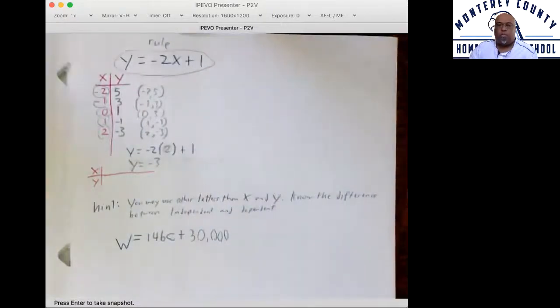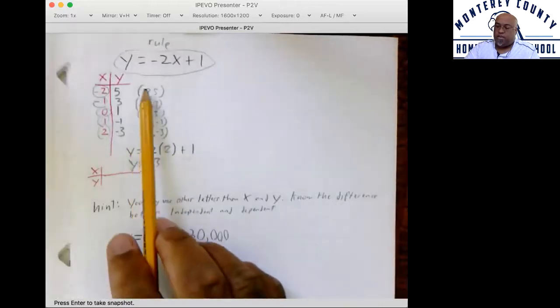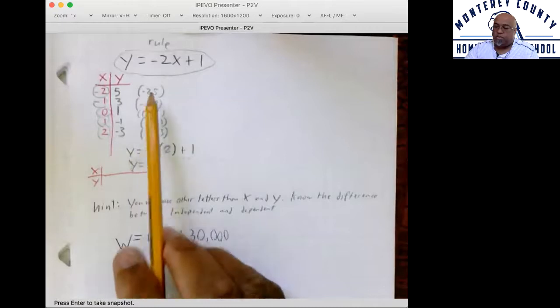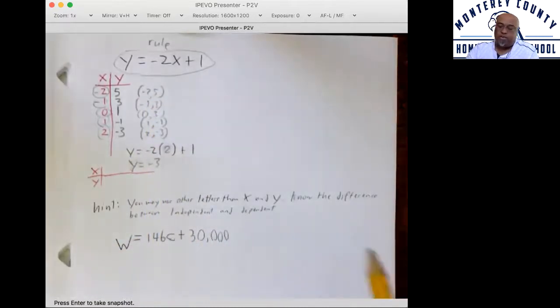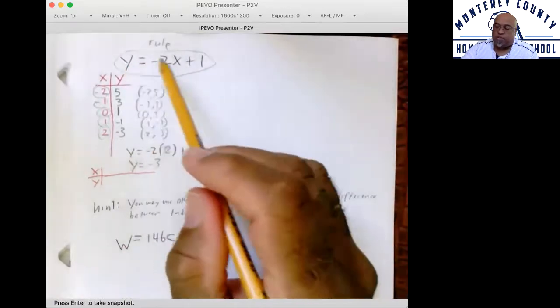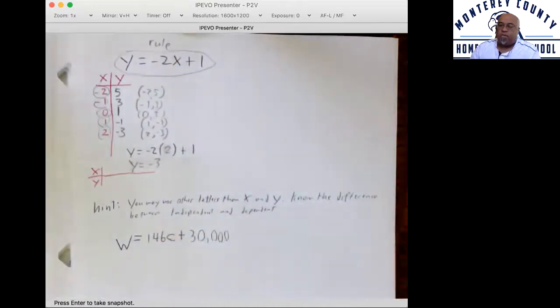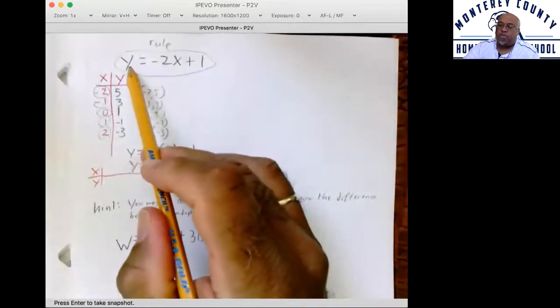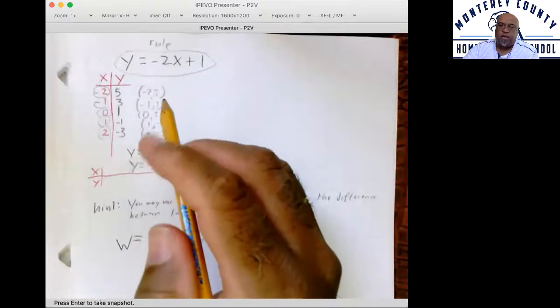Okay, so when we write ordered pairs, the standard way of doing it is to put them in parentheses. The x value always comes first and the y value always comes second. Now, in contrast with the equation, generally speaking, the y comes first and the x comes second. So please don't be confused by that. When the y is isolated, it's much easier to get a y value, because then you can solve for y by isolating it.